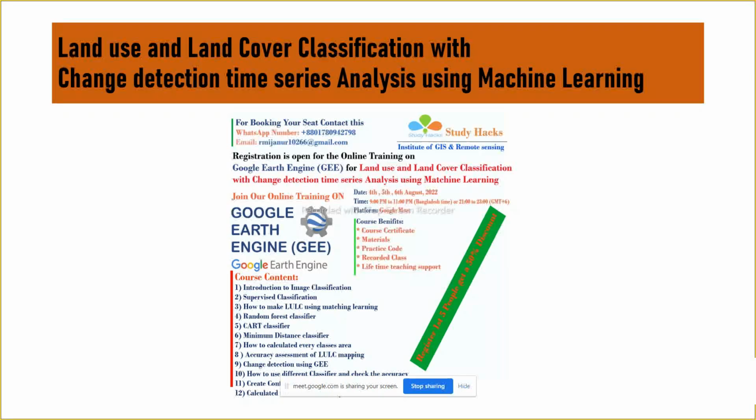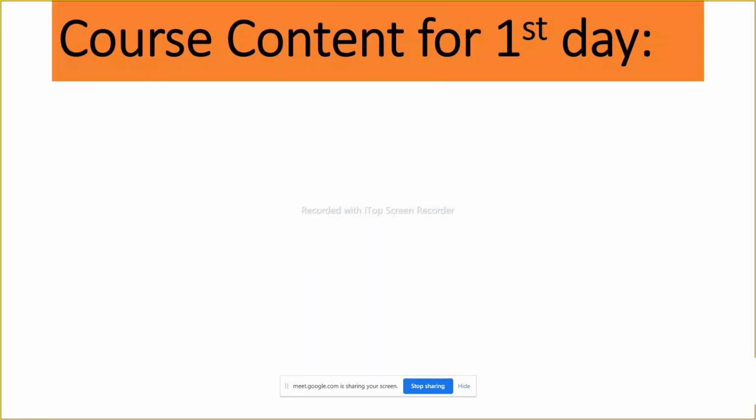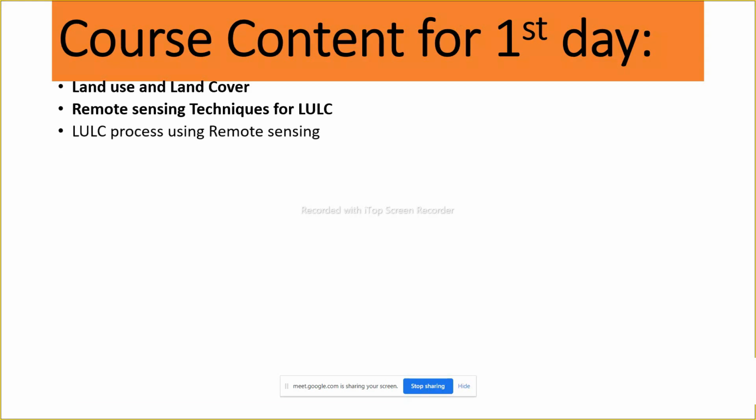Today is our first day. Today I will discuss some basic information, an introduction to land use and land cover. Then I will discuss the remote sensing technique for land use and land cover classification, and the land use and land cover processing using remote sensing.